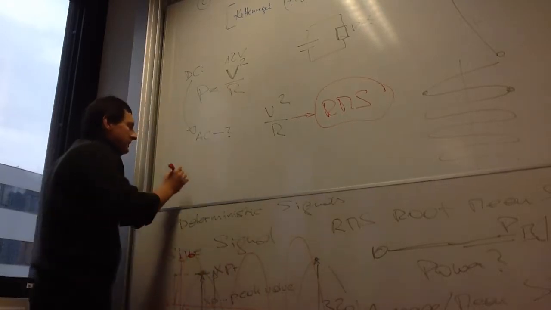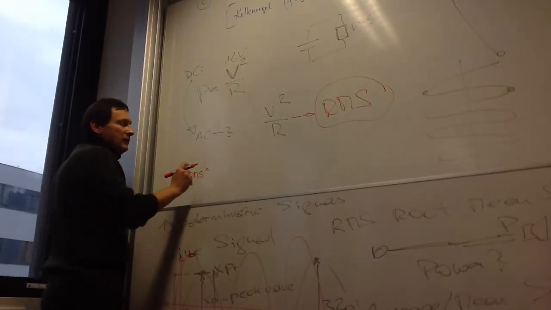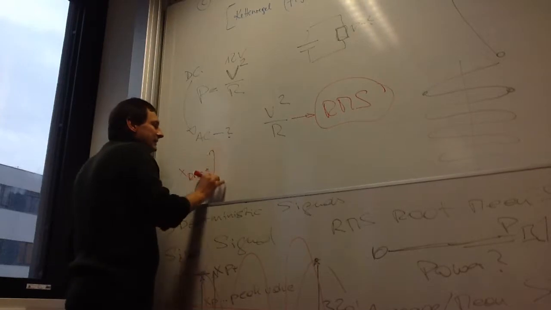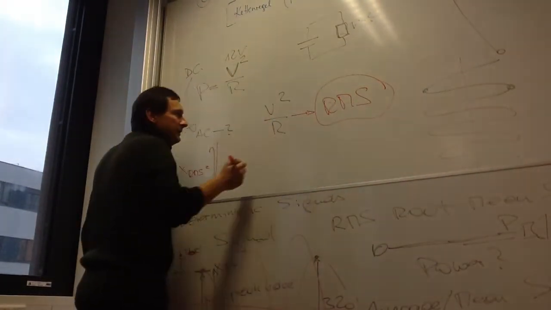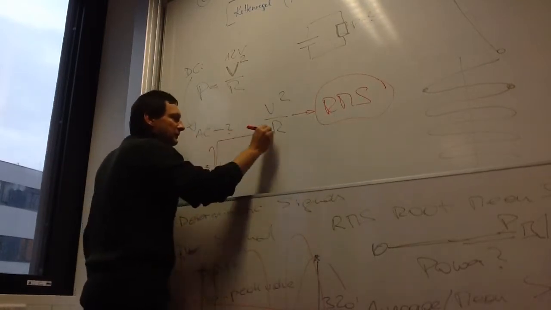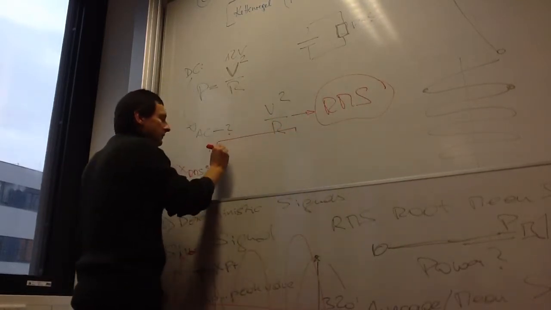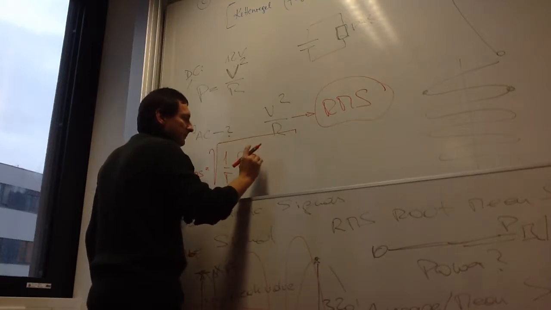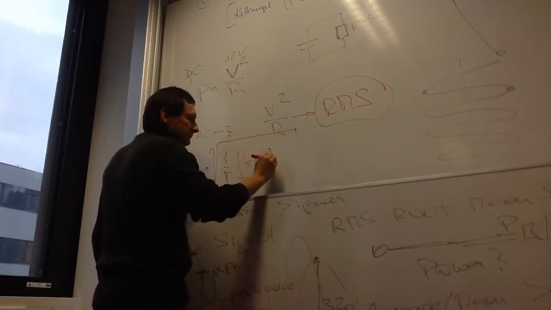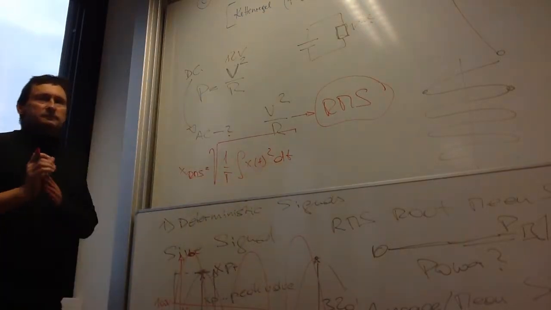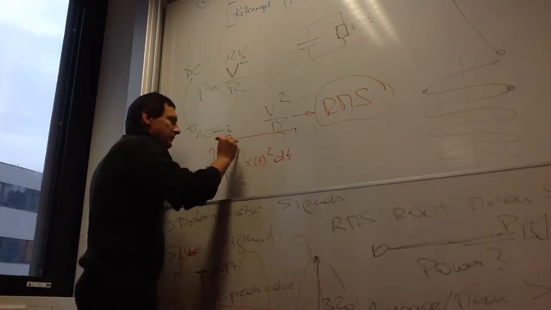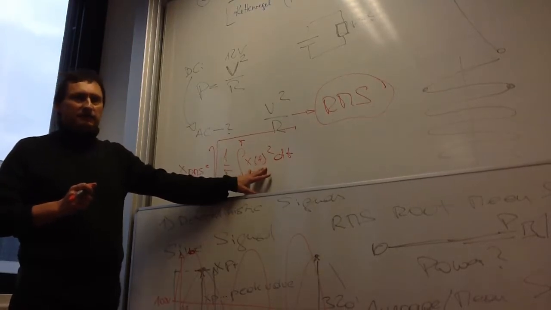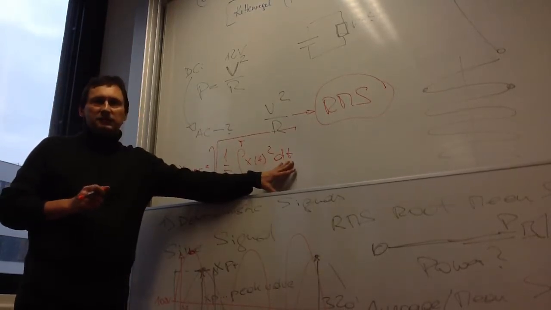If we want to calculate the RMS value of our sinusoidal signal, it's the square root of the mean: 1/T times the integration from 0 to T over the squared signal with respect to t.